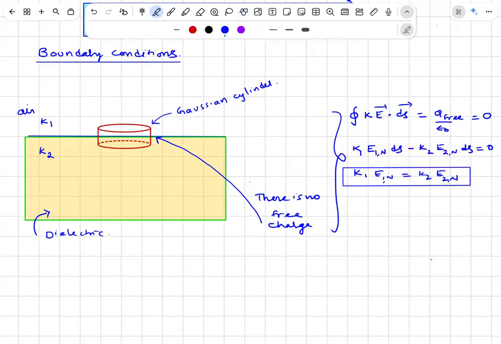Boys, any doubts? And this is the normal condition. This is boundary condition number 1, normal to the boundary.